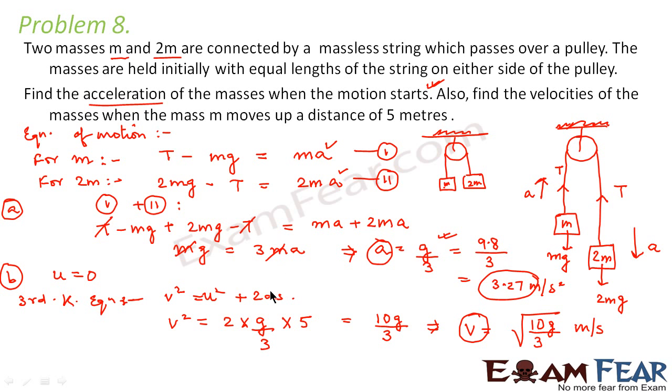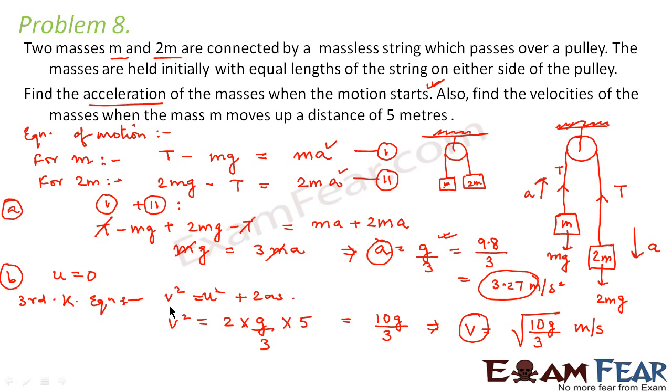Now friends, note one thing. Here we found that the value of acceleration is equal to 3.27. Now we are considering only magnitude, but if we consider the direction as well, in this case for mass m, the acceleration would be negative, because the acceleration is in the upward direction. In that case, you will get a negative direction for velocity as well.